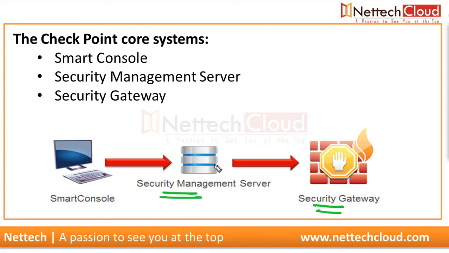Now what about communication between the SMS and the security gateway? What ports are required here, in fact? The first point is that they both should have a trust relationship established.